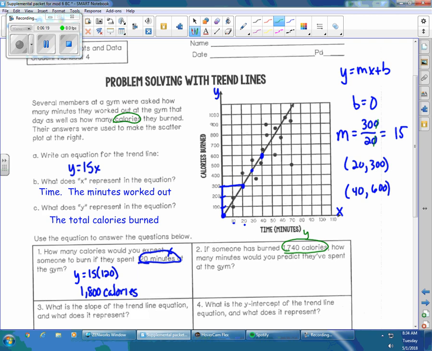So we're going to use the same equation, but we're going to plug in 1,740 for our Y, and that's going to equal 15x. Now I want to get the x by itself, so I'm going to divide both sides by 15. Use your calculator. When I have 1,740 divided by 15, I get 116 minutes.